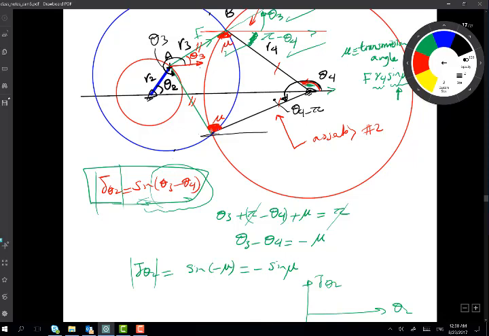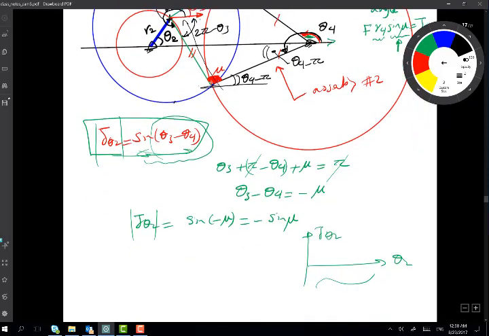And this angle here is going to be 2 pi take away theta 3. So this angle here is equal to that angle, which is theta 4 minus pi. Now if I add those angles together, I'll get pi.